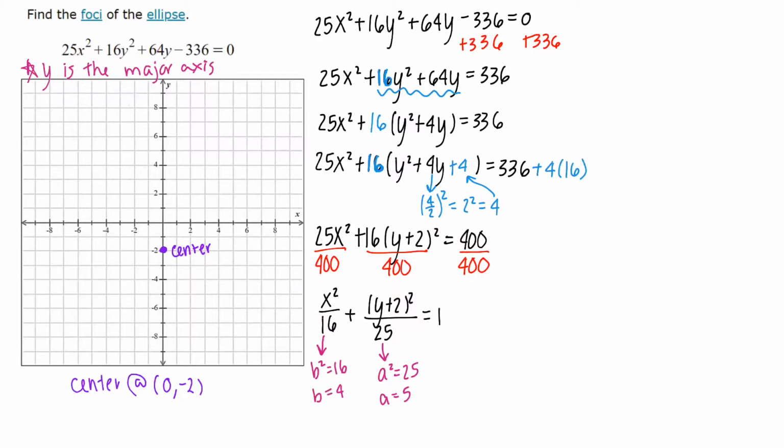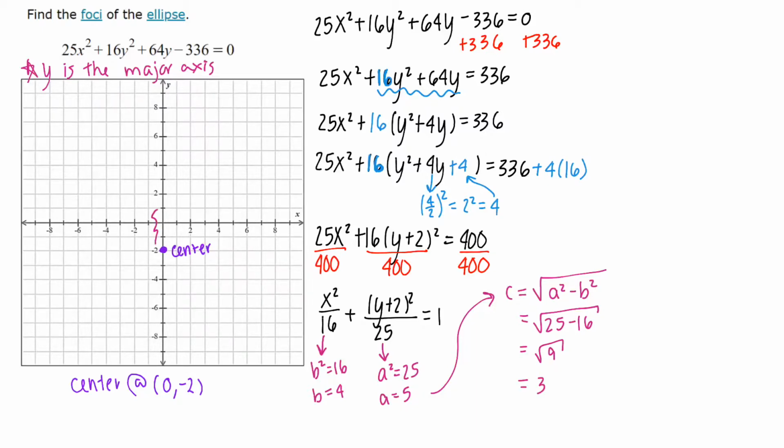Because it's the y-axis that's the major axis, the foci are going to be up and down from the center, and they'll be up and down c units from the center. So c is equal to the square root of a squared minus b squared. So the square root of 25 minus 16, that's the square root of 9, which is 3.